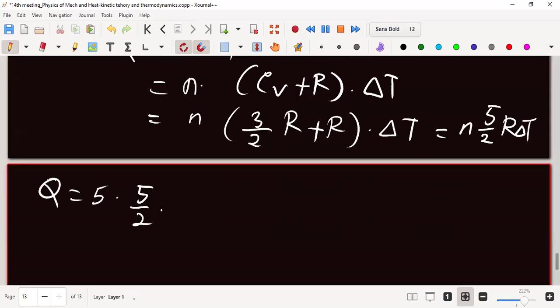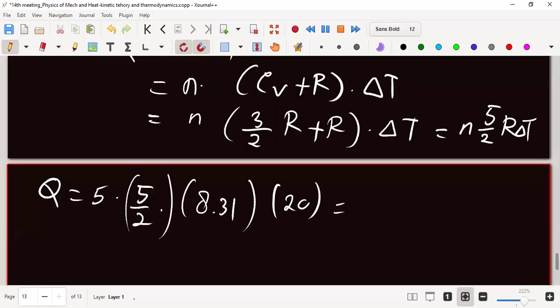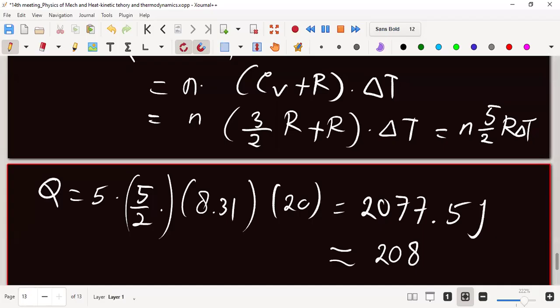The gas constant is 8.31, and the increase of the temperature is 20 Kelvin or 20 degrees Celsius. So the heat here is around 2077.5 joules, or we can simplify it to 2080 joules.